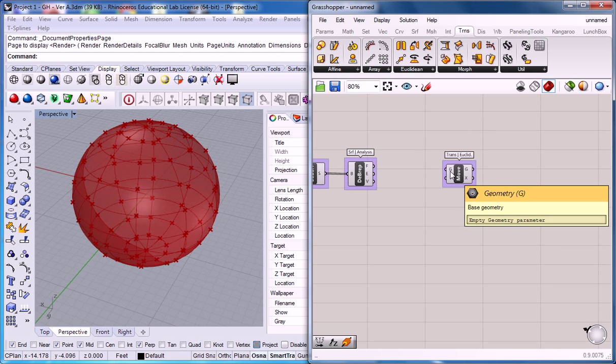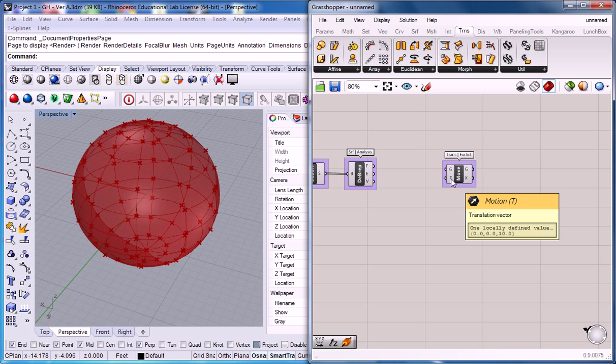So under Move, it's only asking for two things. It's asking for the geometry, and it's asking for the translation vector. Okay, so this one is not intuitive. It has a vector inherent to its standard properties, right? And what does it say? It says 0, 0, 10.